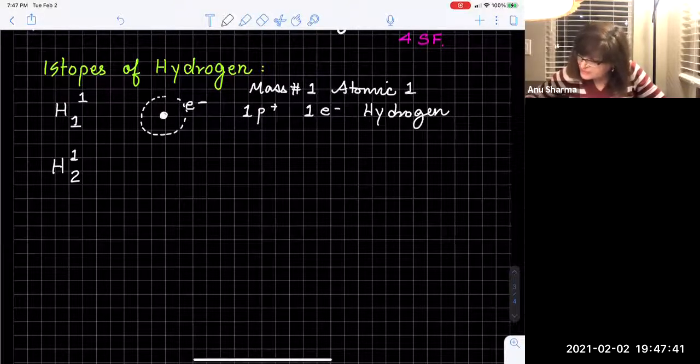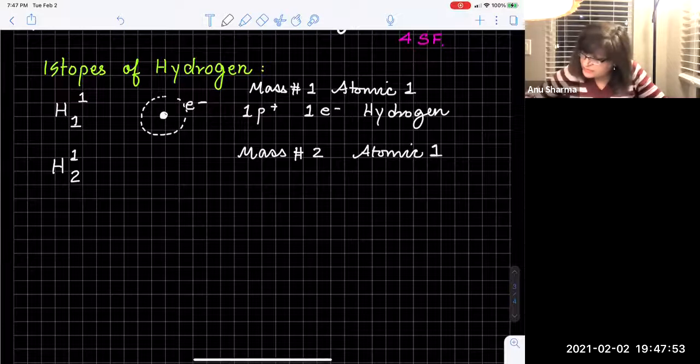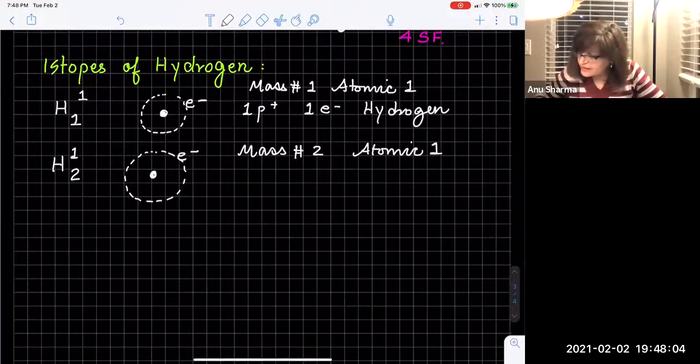Okay, in this case, the mass number is 2, but the atomic number is 1. So here is this proton, and all around is 1 electron, right? So this is one proton, 1 electron, and there is 1 additional neutron.